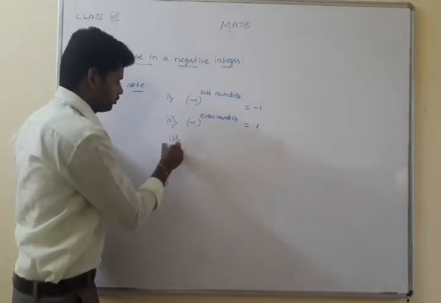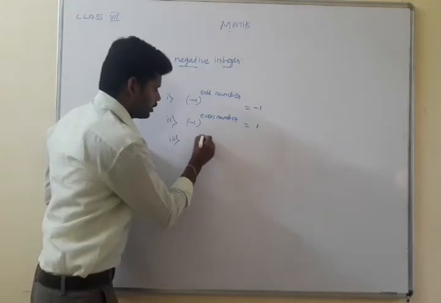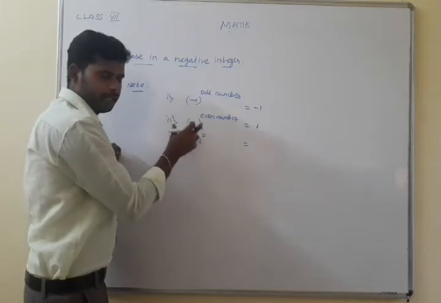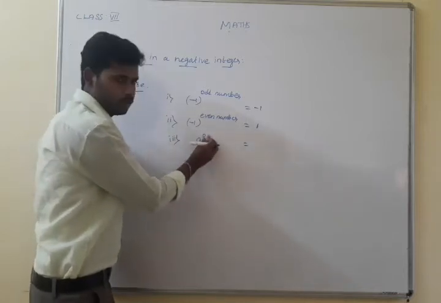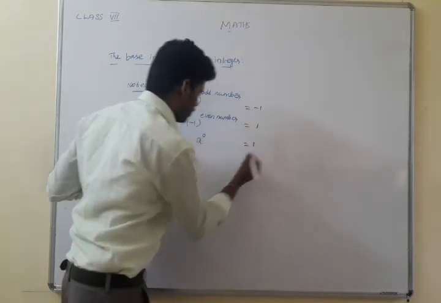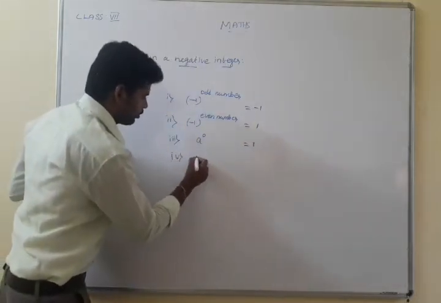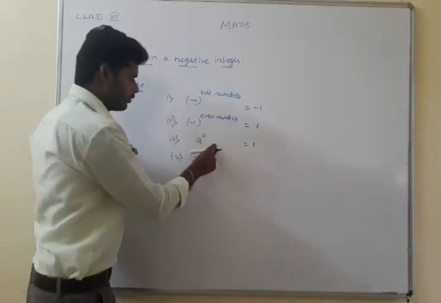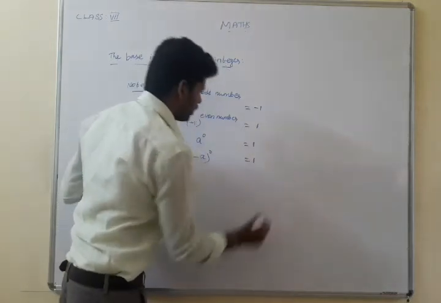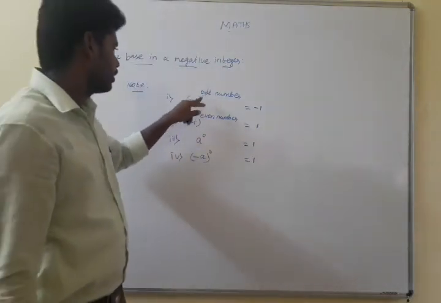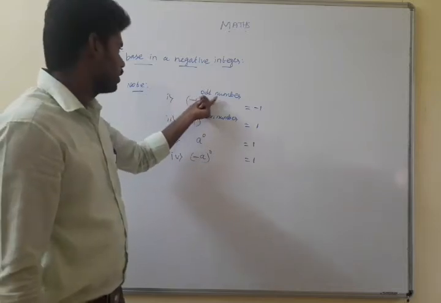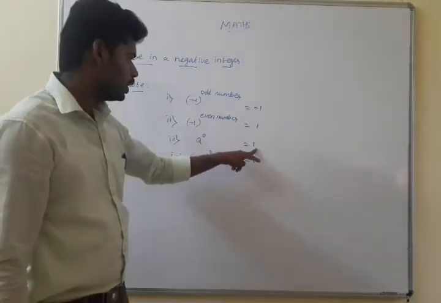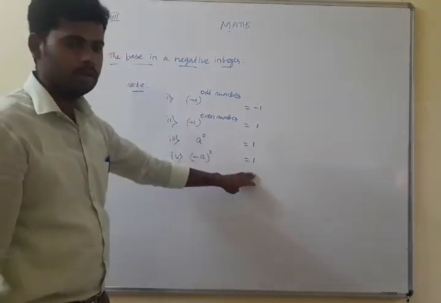Third one, a power 0. Whether a is negative or positive, any number with power 0 has the answer 1. Next, minus a power 0: any number power 0 also has the value 1 only. So minus 1 to an odd power is minus 1, to an even power is plus 1, and a power 0 is 1.